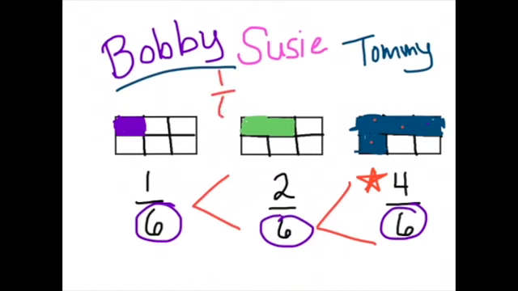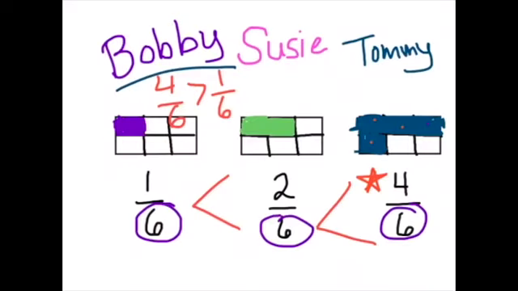Well, what about if I looked at 1/6 and 4/6? Which one is the bigger one? Well, I know our denominators are the same, but our numerators are different. And so when my denominator is the same, the numerator that is bigger is always going to be the greater than.